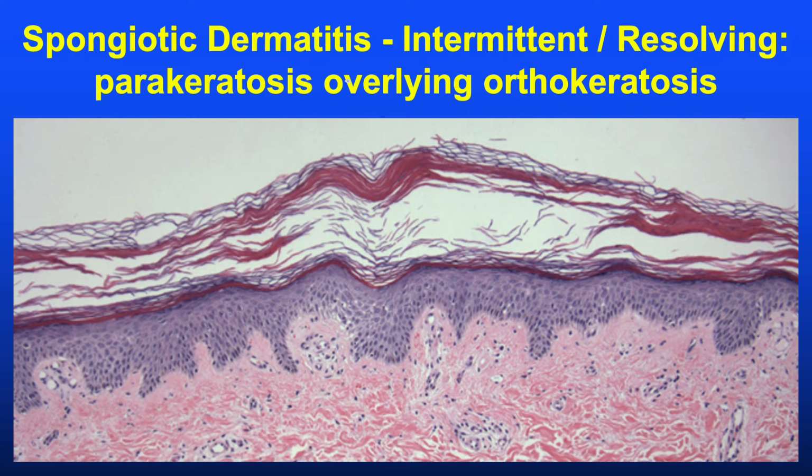So the dermatitis can be intermittent. Sometimes it resolves, sometimes it's flaring. And so one of the clues that we can see on biopsy sections is the alternating parakeratosis and orthokeratosis. Specifically, parakeratosis overlying orthokeratosis reflects an intermittent or late resolving stage of the dermatitis process.